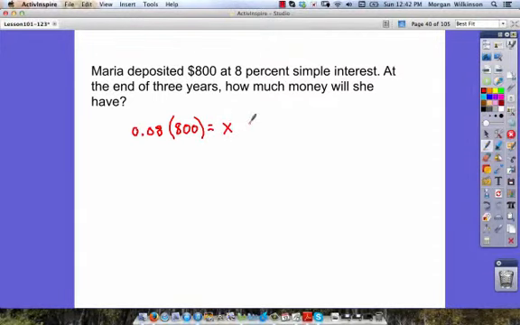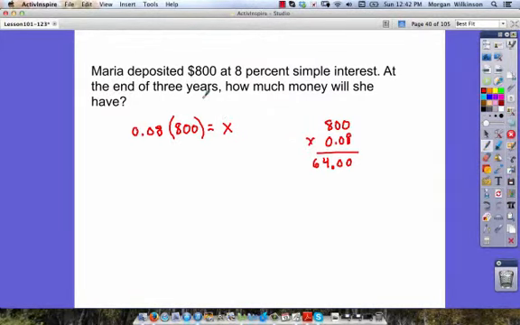We'll call that x. Let's do the math. 800 times 0.08. 8 times 0 twice is 0 twice, and 8 times 8 is 64. The decimal comes out twice, so we bring it back in twice. 8% of 800 must be $64.